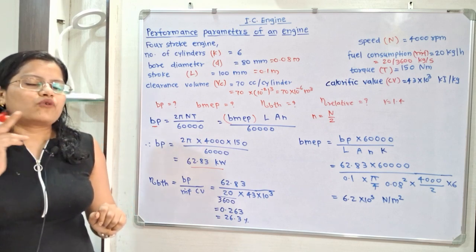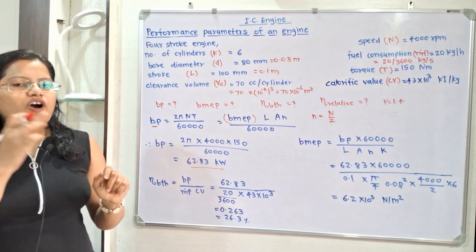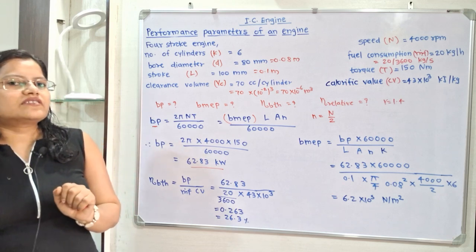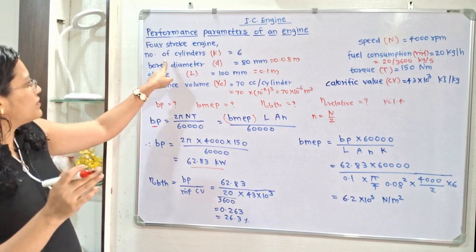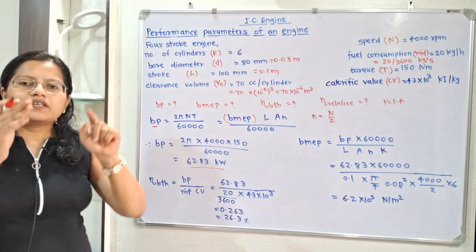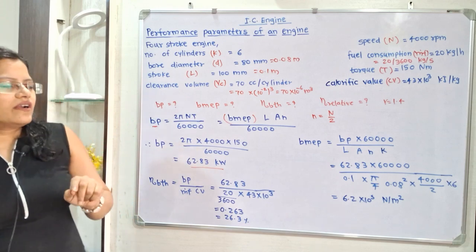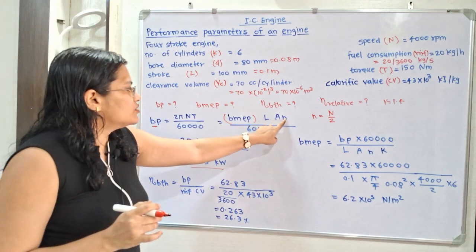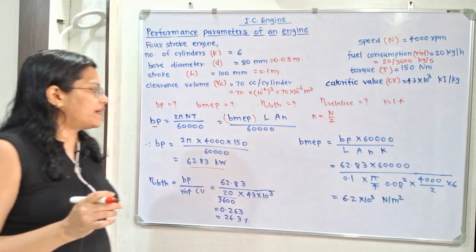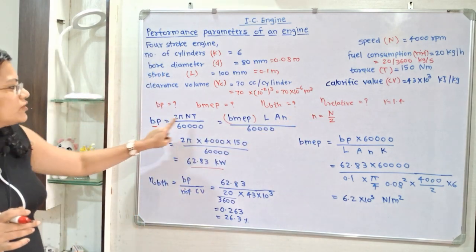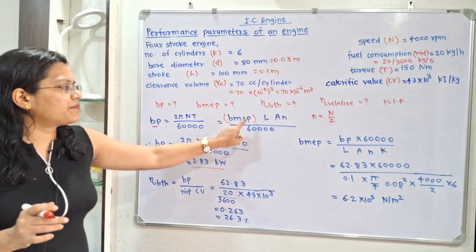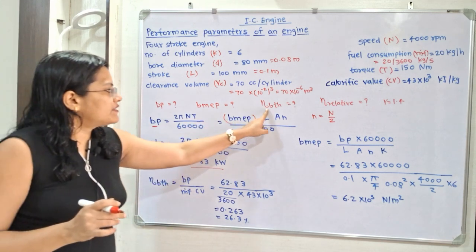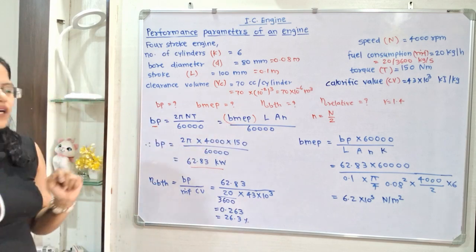So we have to find the cross sectional area of the cylinder bore. It is circular in shape and the diameter of the bore is given, so area is pi by 4 d square. We take small n equal to capital N by 2. Now these values are known and we have to find the brake mean effective pressure, so we will transfer all these terms to the other side.